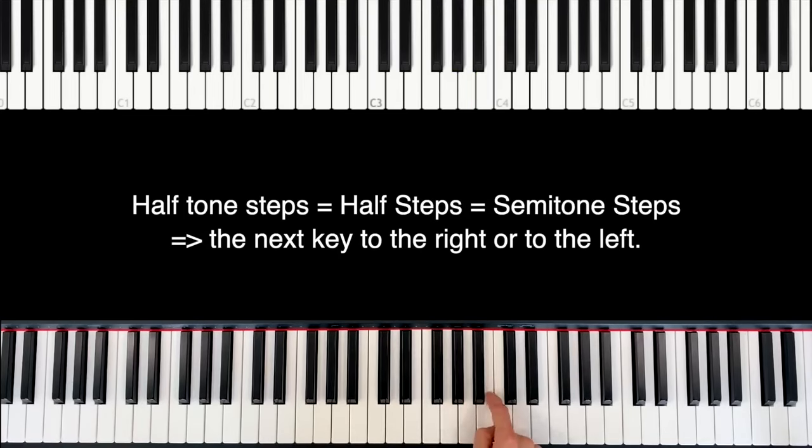But here, because we don't have a black key between, it's again the next white key. Okay, so these are half steps, halftone steps or semitone steps. Very important to know, because a lot of music theory is based on these halftone steps or semitone steps.